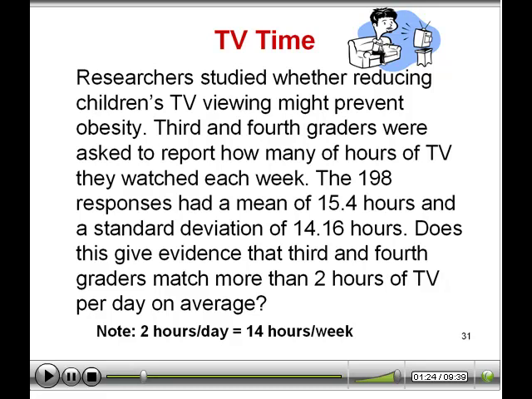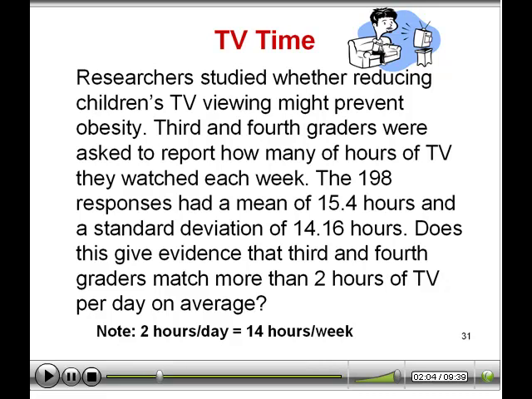One of the major reasons for concern about how much TV children watch has to do with potential links to obesity. This study was designed to test the hypothesis that the average time that a third and fourth grader watches TV exceeds 2 hours a day. So data was collected on 198 such children, and the mean number of hours a week these children watch TV was found to be 15.4 hours, with a standard deviation of 14.16 hours.